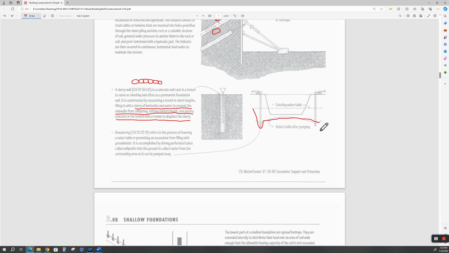All right, this would be the existing water table, and while you're doing your construction, you draw it down. Okay, that's dewatering. This is called a well point system. Ching doesn't use that term, but it's called a well point.